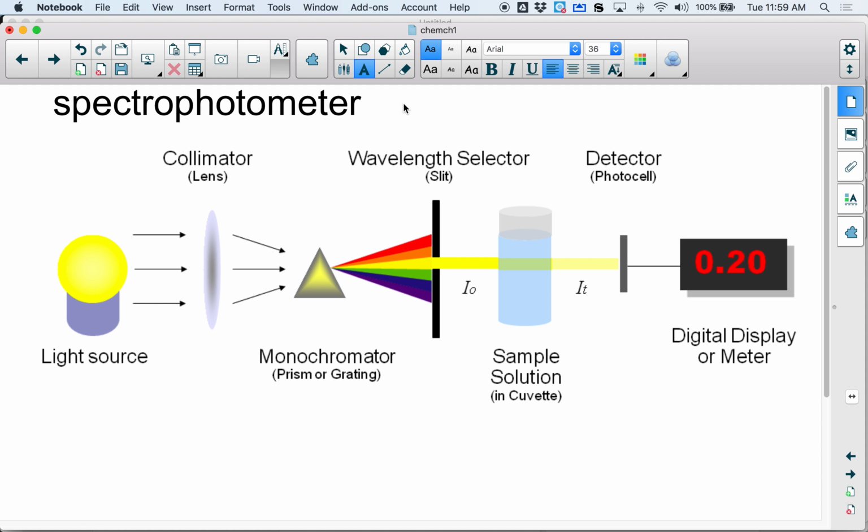Yes. Okay, listen. There's two different terms here. Absorbance and transmittance. Okay? Absorbance is the calculation of how much light is blocked.